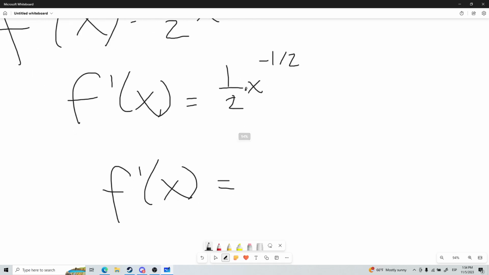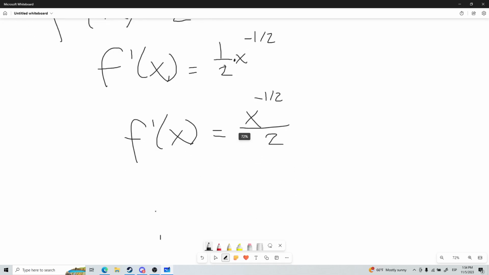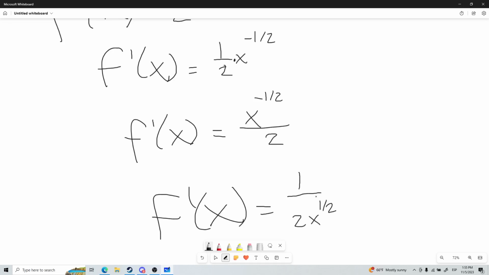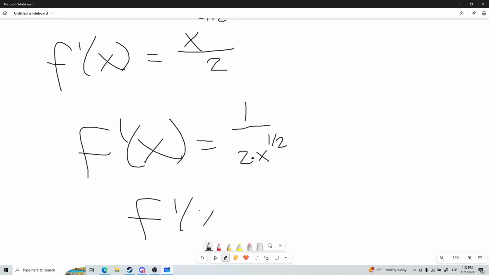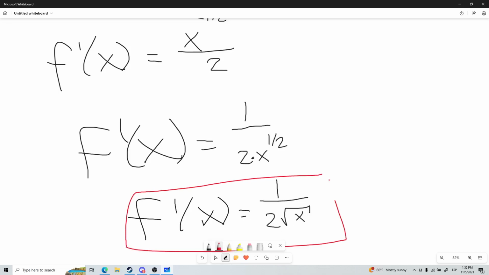Because it's multiplying and because it's fractions, I end up with x to the power of -1/2 divided by 2. And if I want to leave it really pretty, this ends up being 1 divided by 2 times x to the power of 1/2. And if I want to leave it even more pretty, I return it to its square root version, and it ends up like that.